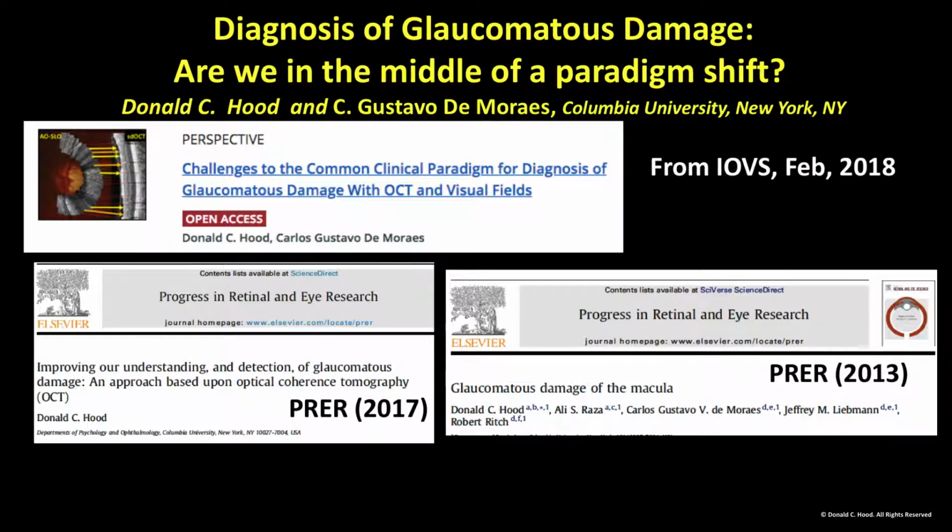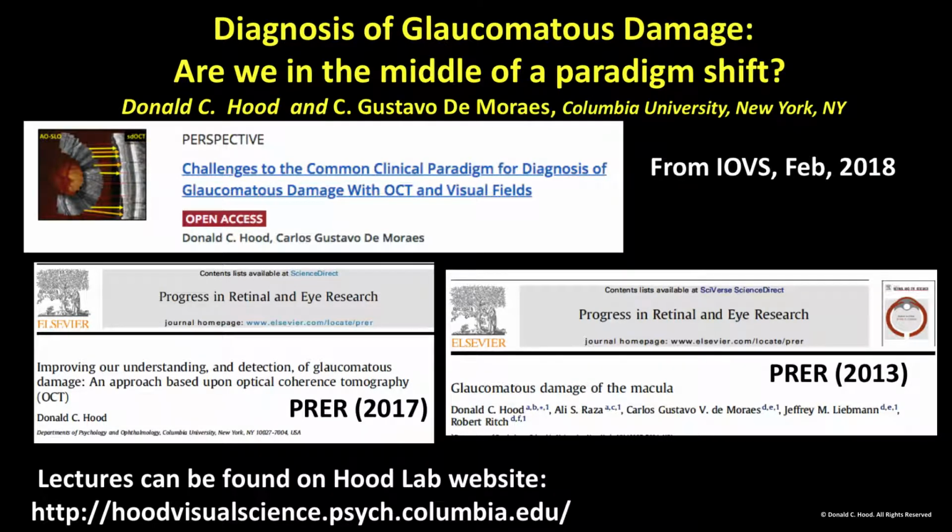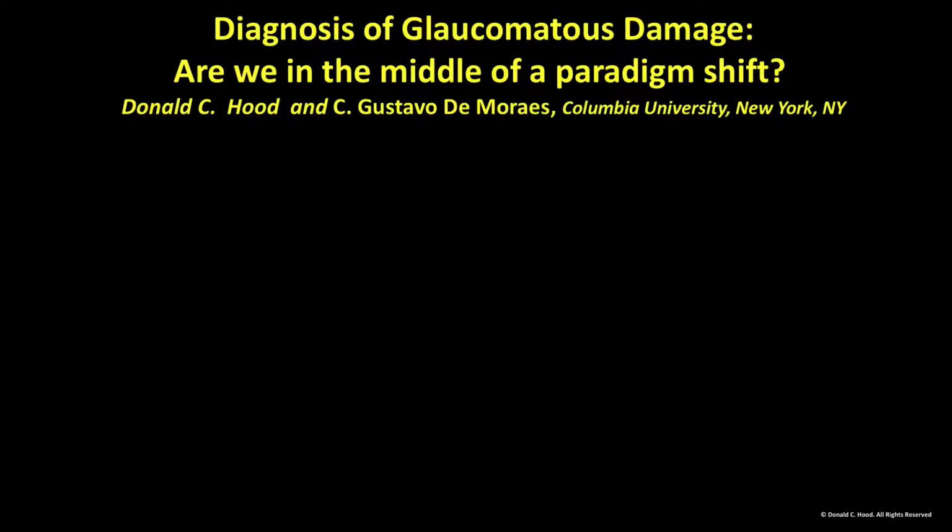The most recent one is most closely related to the general gist. The second 2013 paper covers the more specific issue of damage to the macula. And then you already know there are other lectures that can be found on this website.